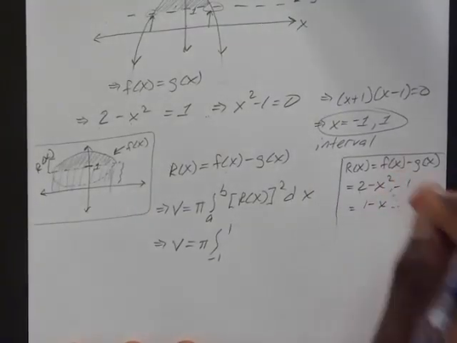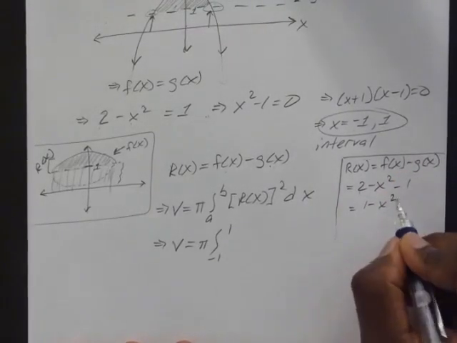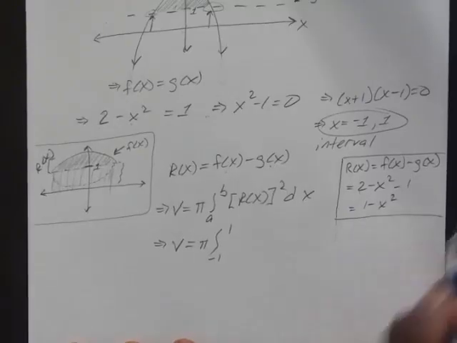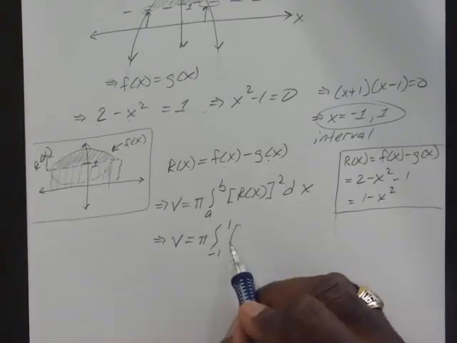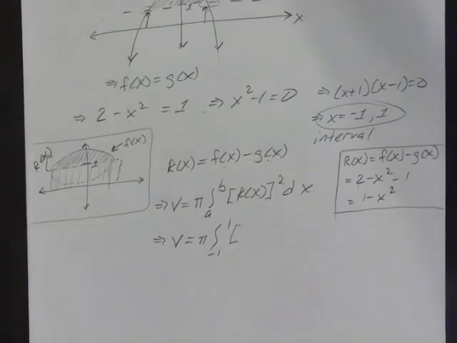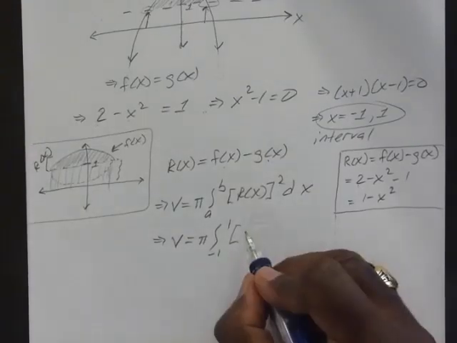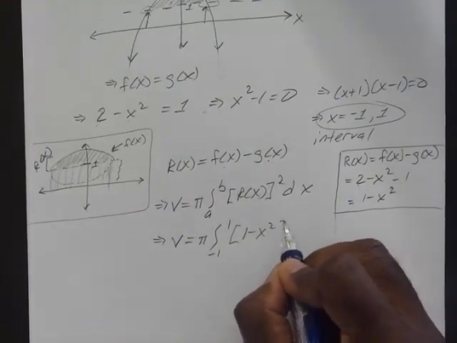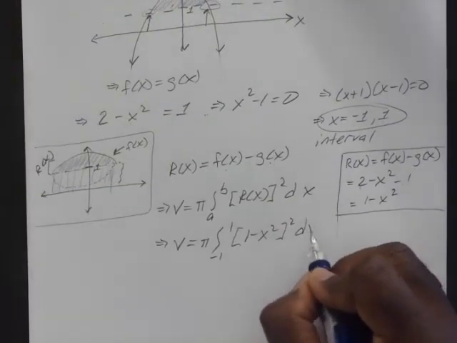Okay, so it gives us 1 minus x squared, with respect to x.